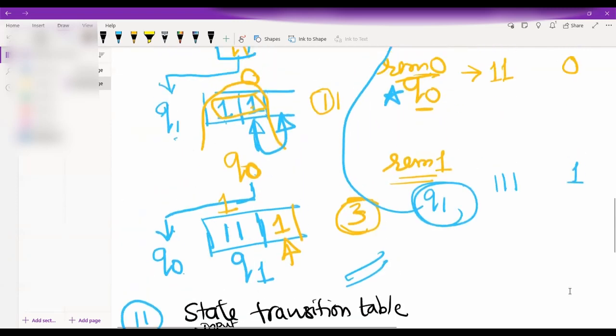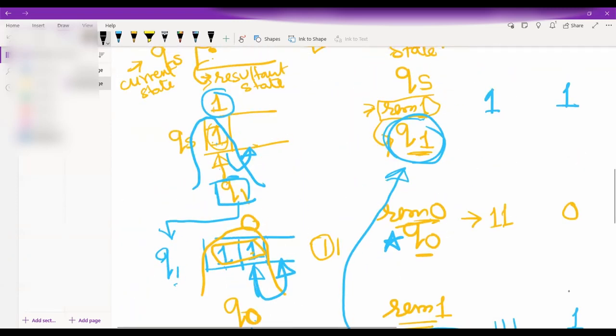QS with the input 1, what is it generating? It is generating result 1. And where is it going? QS with the input 1 goes to the resultant state Q1.